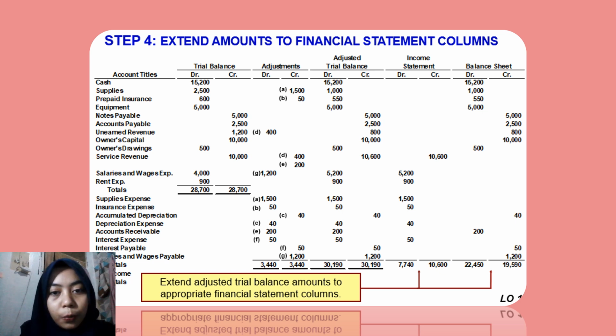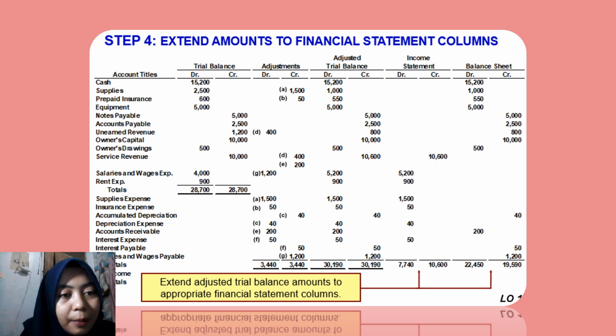If you do not know what assets, liabilities, and equity, or expenses and revenue are, the assets include cash, supplies, prepaid insurance, equipment, accumulated depreciation, and accounts receivable.